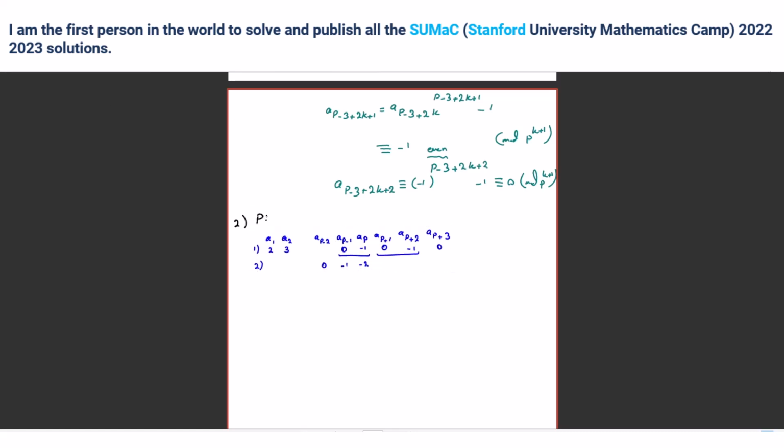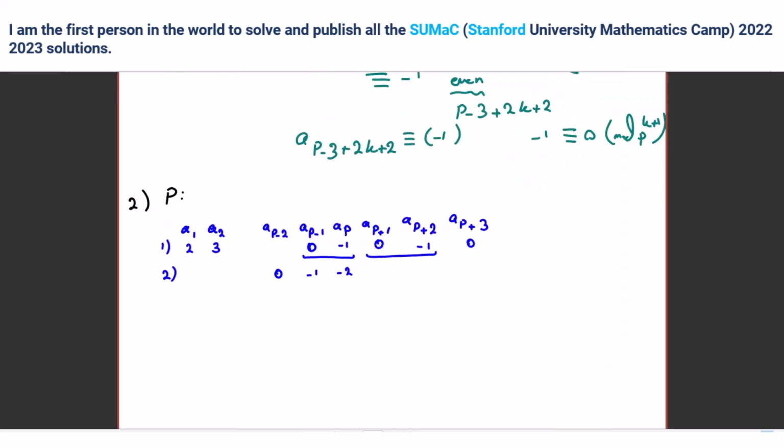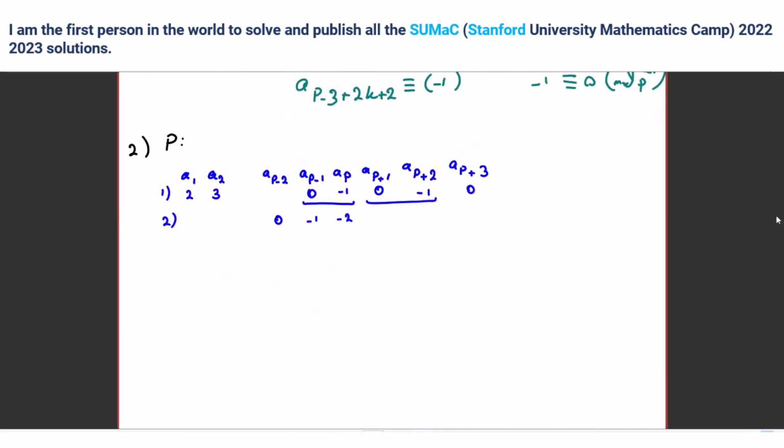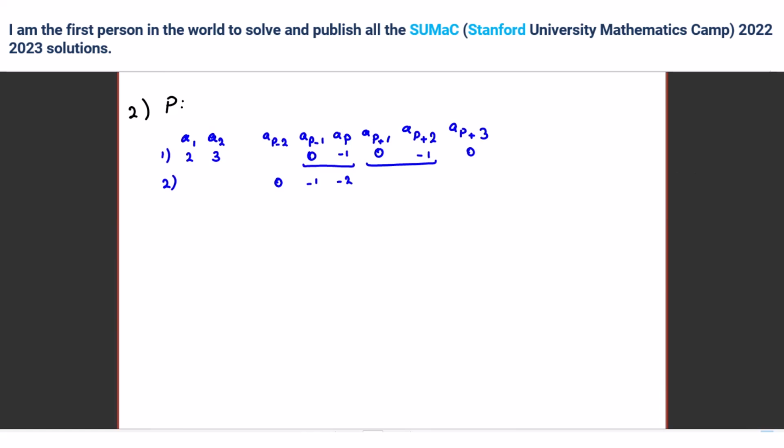Wait, isn't it just that you need p minus 2 to be a power of... you're just done. We should use it exactly like 7, but it's important to be able to generalize it. Want to try to generalize it on your own? We can just do it together.